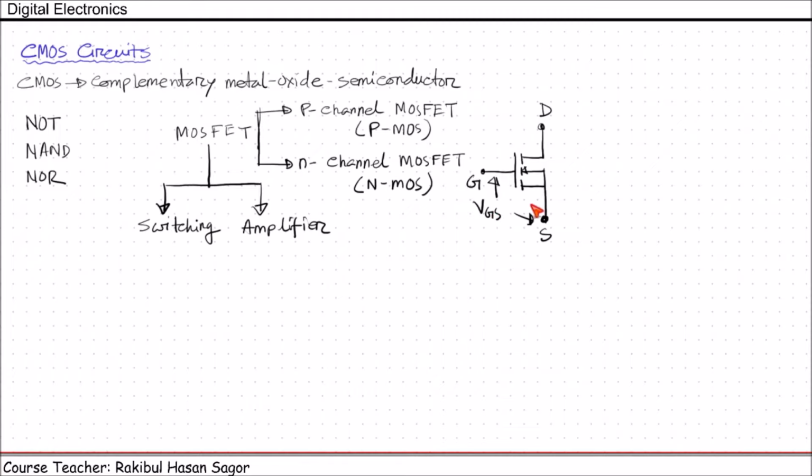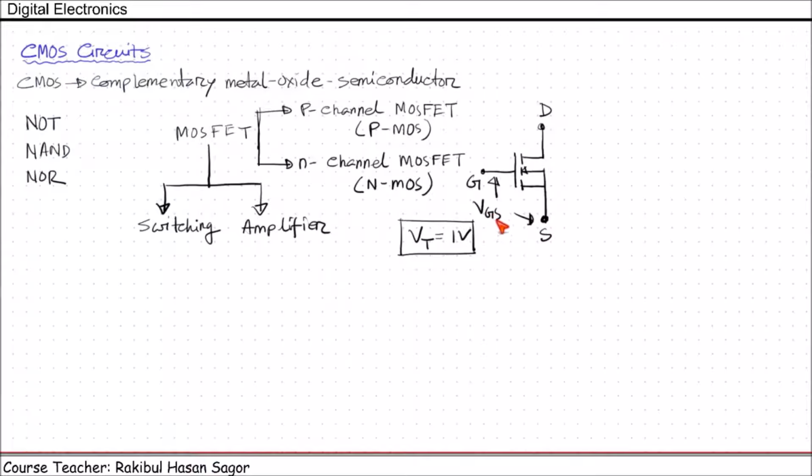Now in order to run this MOSFET in switching mode, we must provide VGS much greater than the threshold voltage. So if we name the threshold voltage as VT, usually for this type of MOSFET, VT is 1 volt. So this is one reference value.